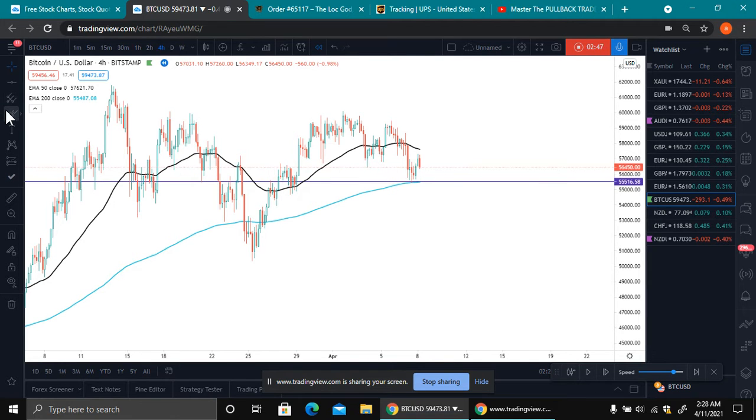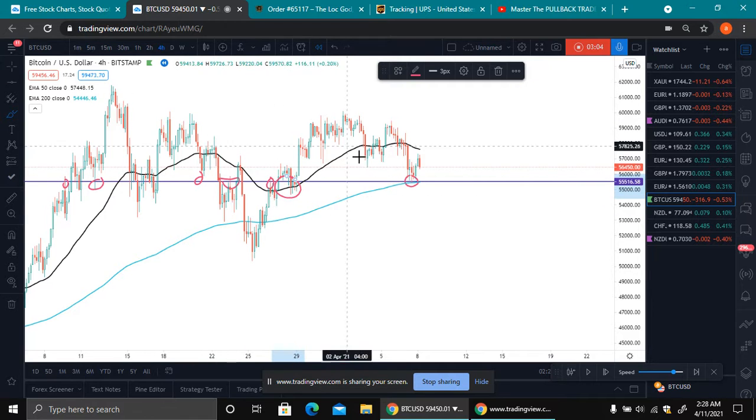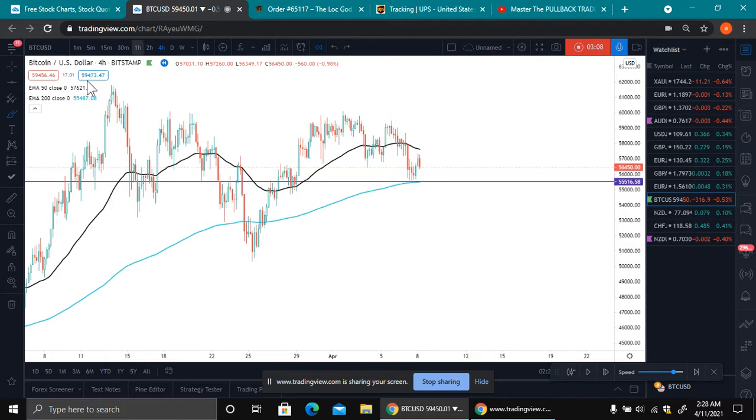Because price came and touched this area once, 2 times, 3 times, and then here's some resistance, once, twice, 3 times, some support right here. So this is a very strong area for me, and I understood that. I like that area.